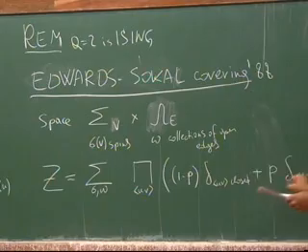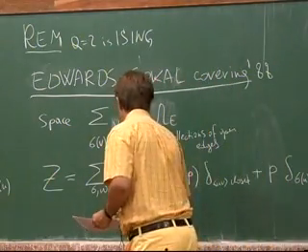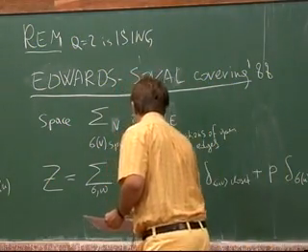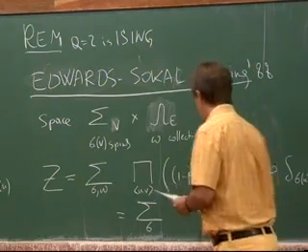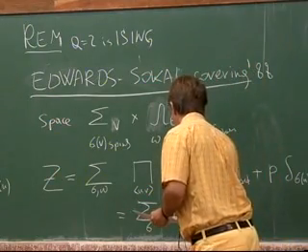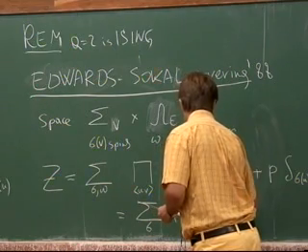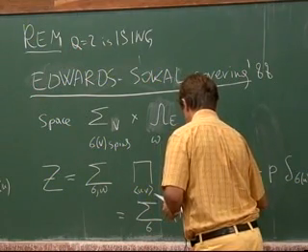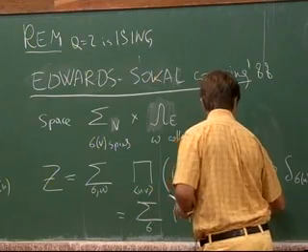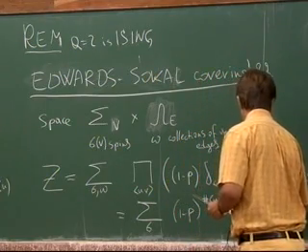This one can also rewrite as a sum over all sigma configurations, and then you take 1 minus p to the power number of edges uv such that sigma u is not equal to sigma v.